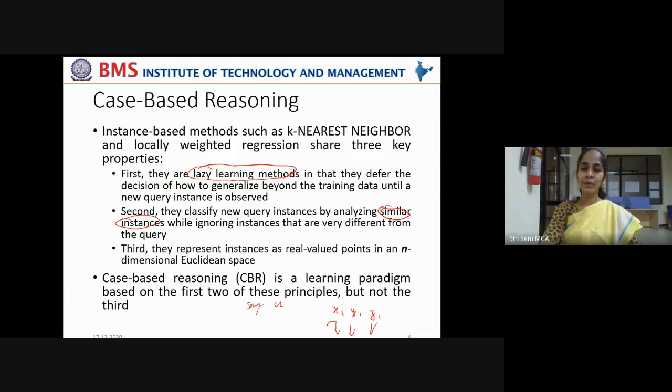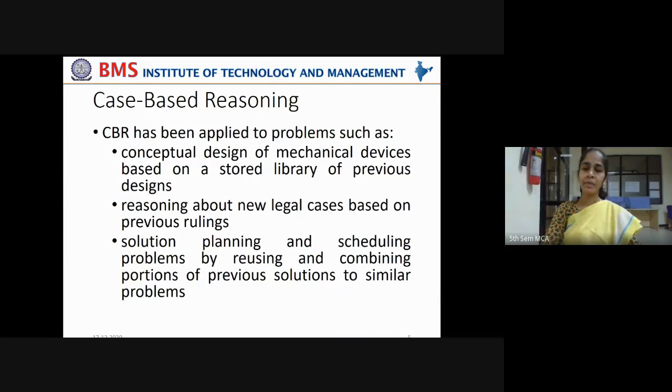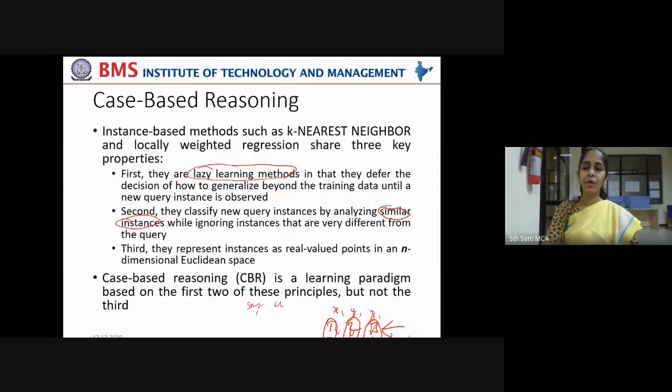If you have values like 1, 2, 3 or 7, 4, 1, it is easy to calculate the distance. 7 minus 1 whole square plus 4 minus 2 whole square plus 1 minus 3 whole square, square root over that, will give you the distance between this data point and this data point.